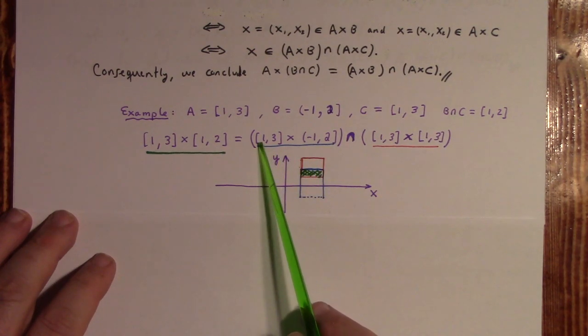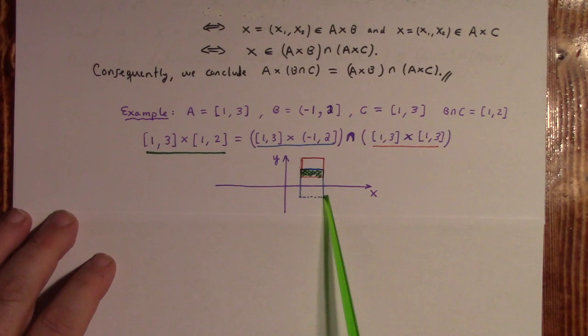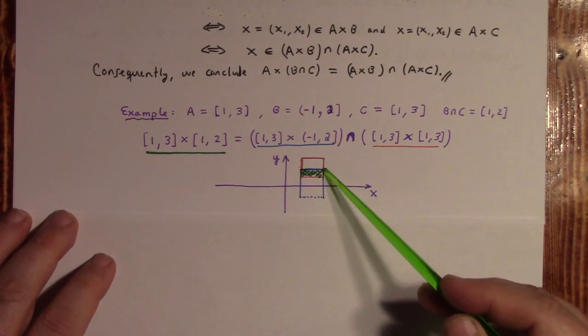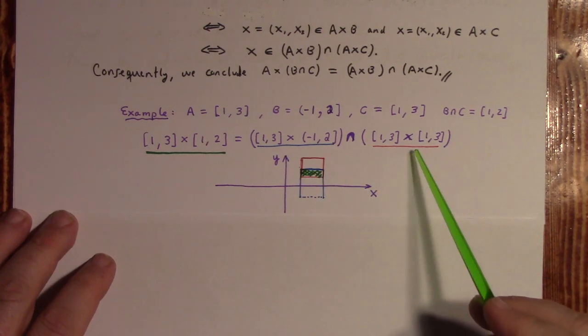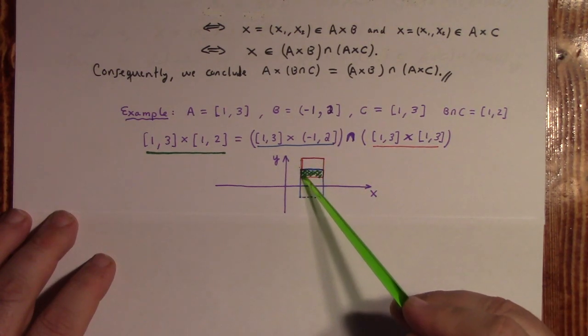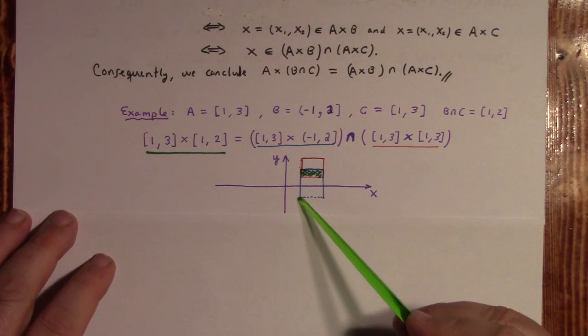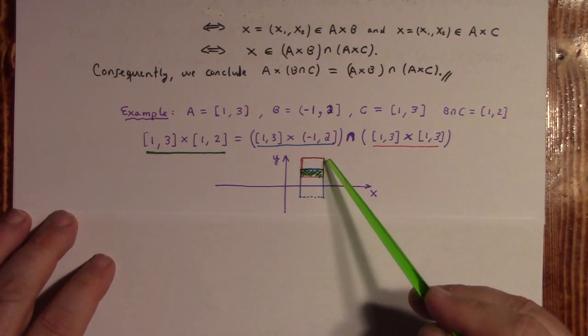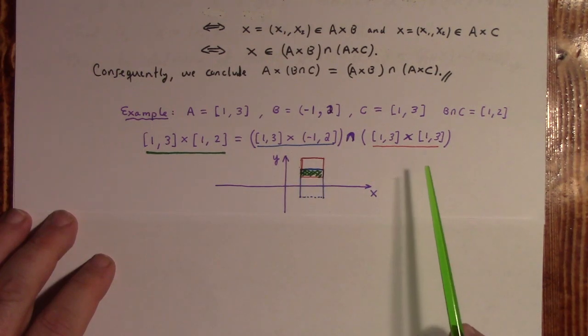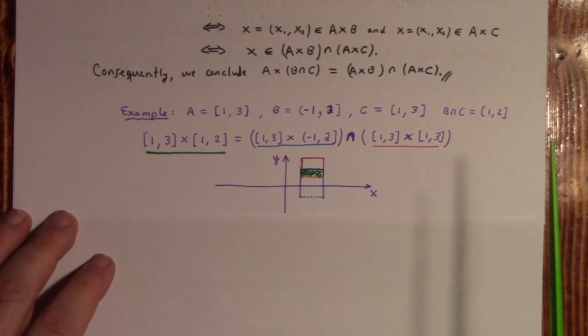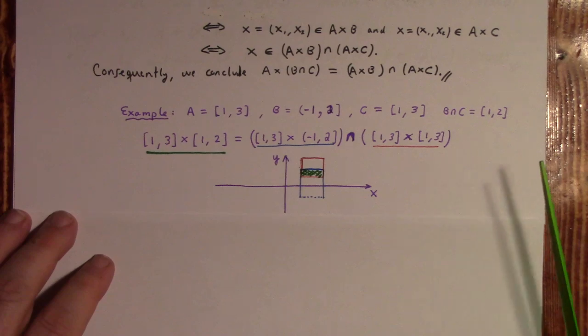On the other hand, 1, 3 with minus 1 to 2, that's the blue set here, right? Over here, 1, 3 with 1, 3 is the red square. So the intersection of the blue rectangle and the red square is this little green rectangle, and that's an example of the identity we just proved in general, all right?